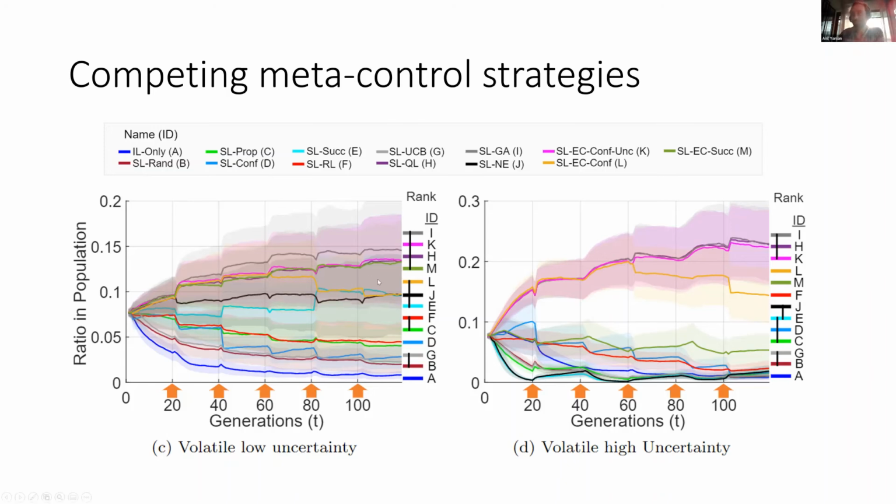Here we see that if there is low uncertainty, some strategies based on success still perform relatively well. But especially in the high uncertainty case, the meta control strategies that incorporate this environment uncertainty and switch accordingly performed the best and dominated others.